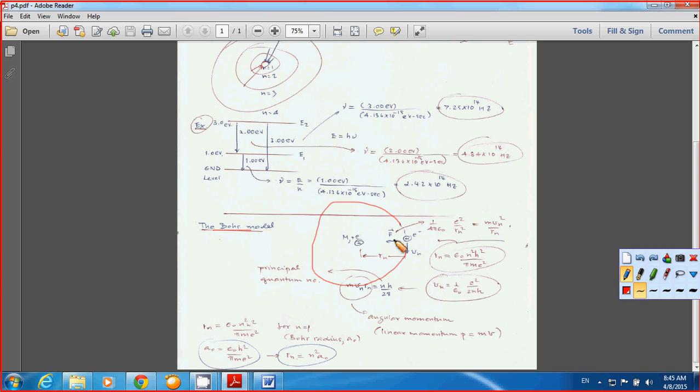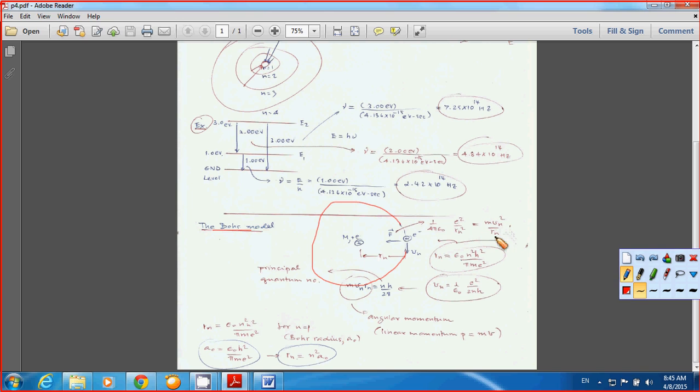By using Coulomb's law, you know that the force is going to be 1 over 4 pi epsilon 0, Q1 multiplied by Q2, divided by Rn square, where Rn is the separation between electron and proton, or the separation between the two charges. That is going to be equal to the centripetal force, which is equal to mv square over r.